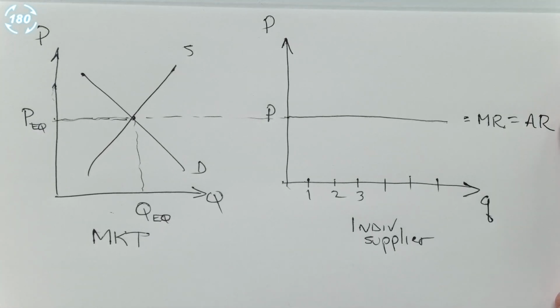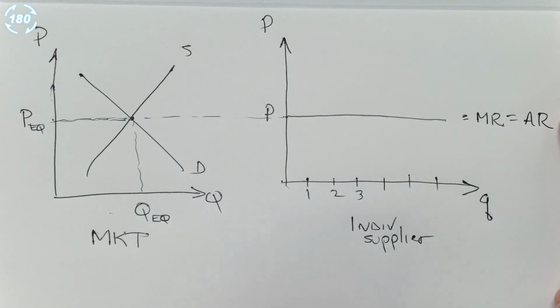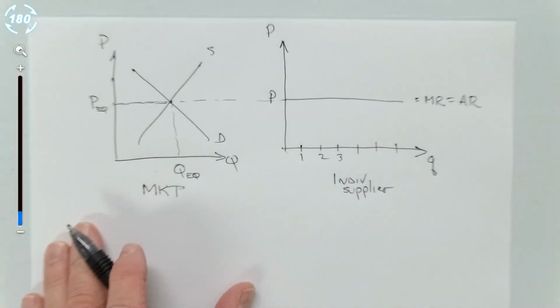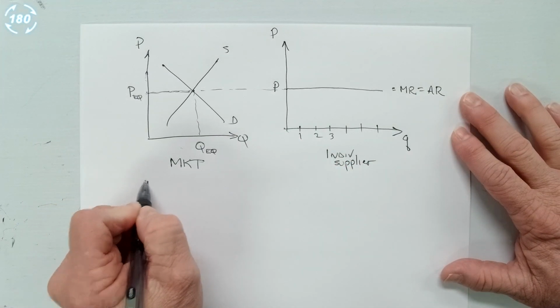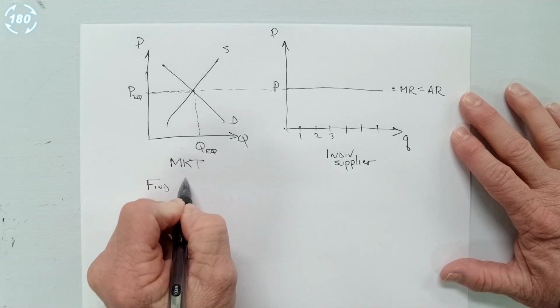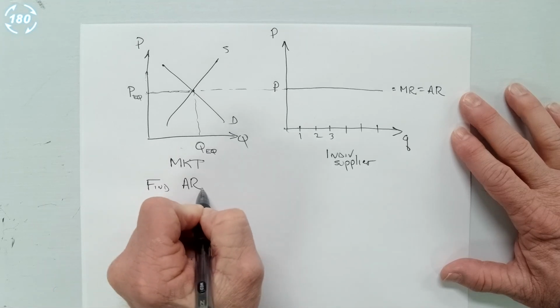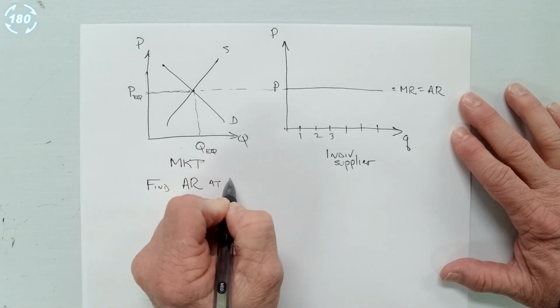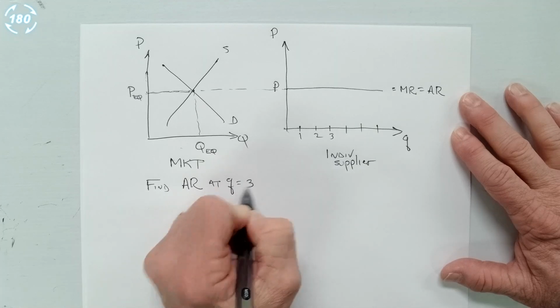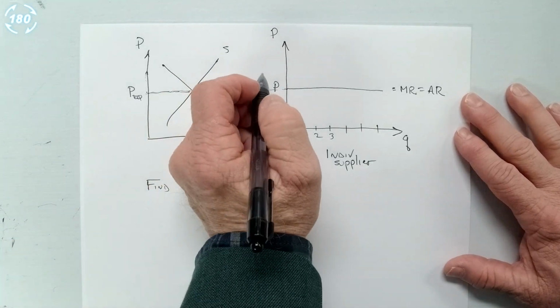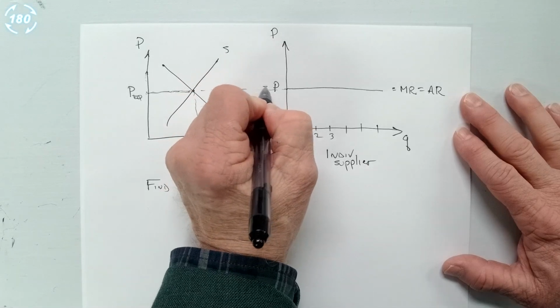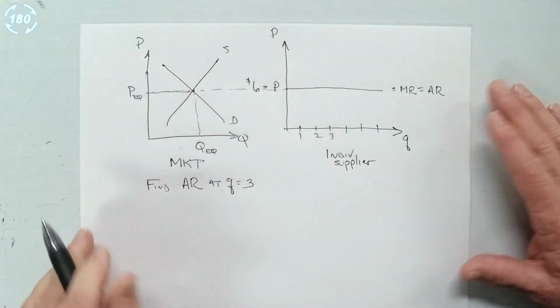Okay, so maybe average revenue for a second. Spend a little time with this. Average revenue, so what if I wanted to find the average revenue for 3 units? Let's find the average revenue at Q equal to 3 units. And then I need to put a price on here to do that. They're using the price of $6, I believe. So let's just put 6 there.